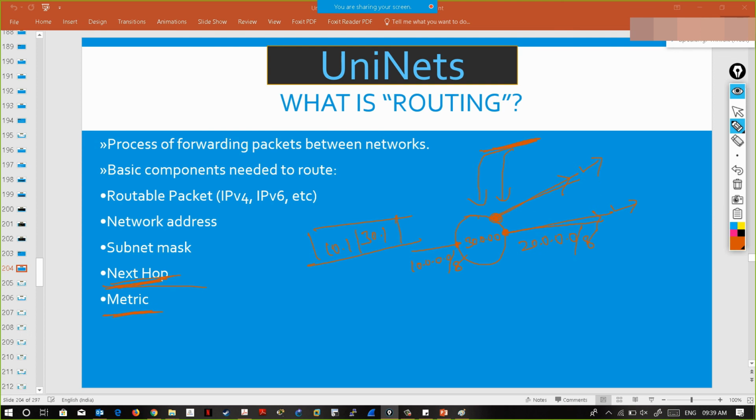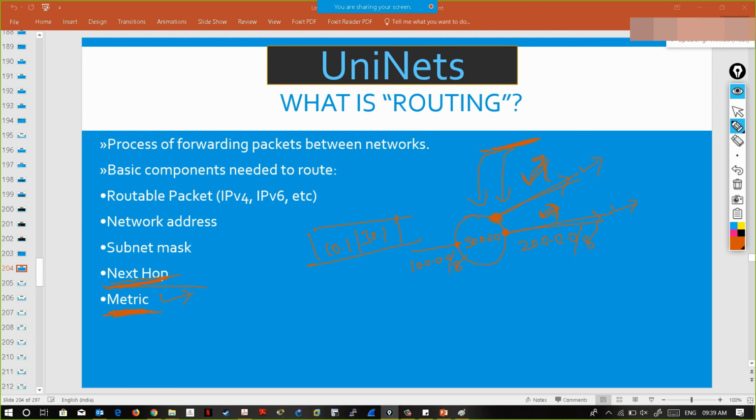Why? Because this might be the longest path and this might be the shortest path. How will it come to know which is the best path out of these two in order to route the packet from the 10 network to the 30 network? Using the metric. That is why the metric is needed, completely, in order to choose the best path out of those two.